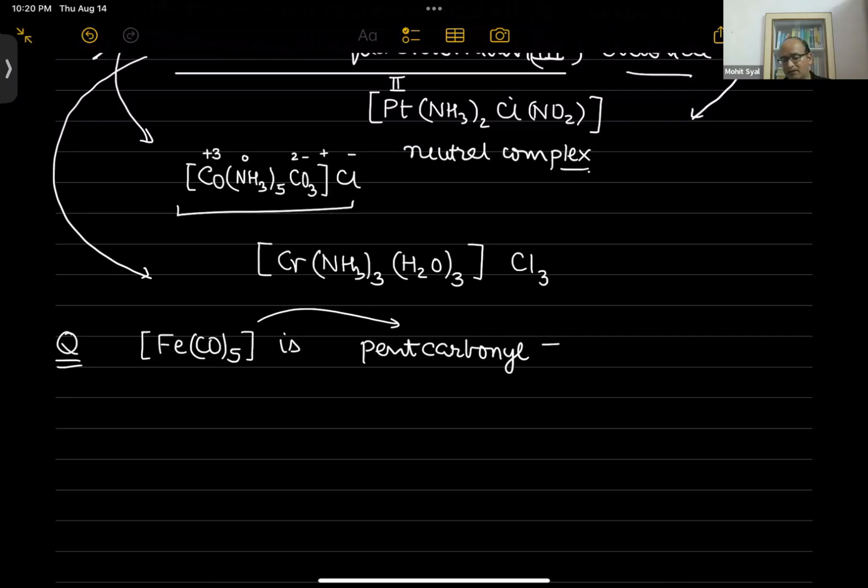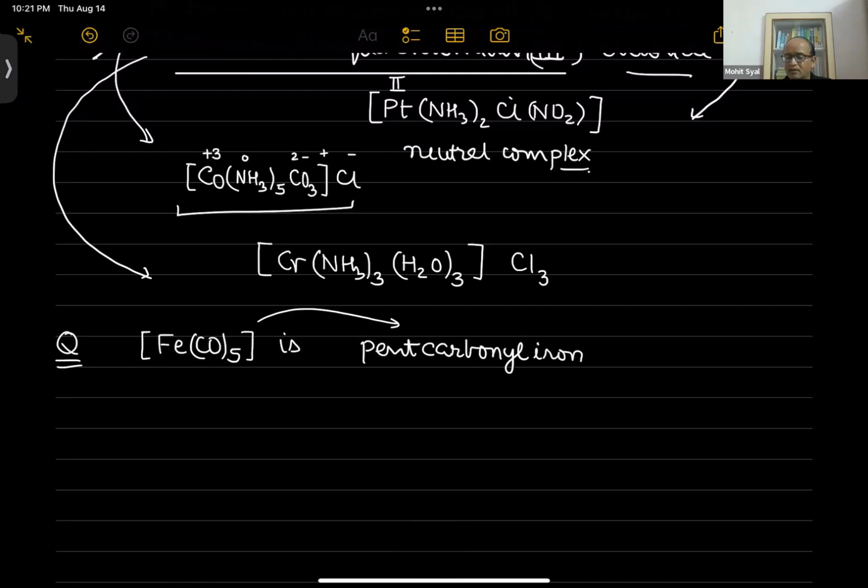There are no special names for the metal if it is neutral or positively charged. But if the square bracket is negatively charged, write the Latin name ending with -ate. So don't write ferrate and all, just write iron.